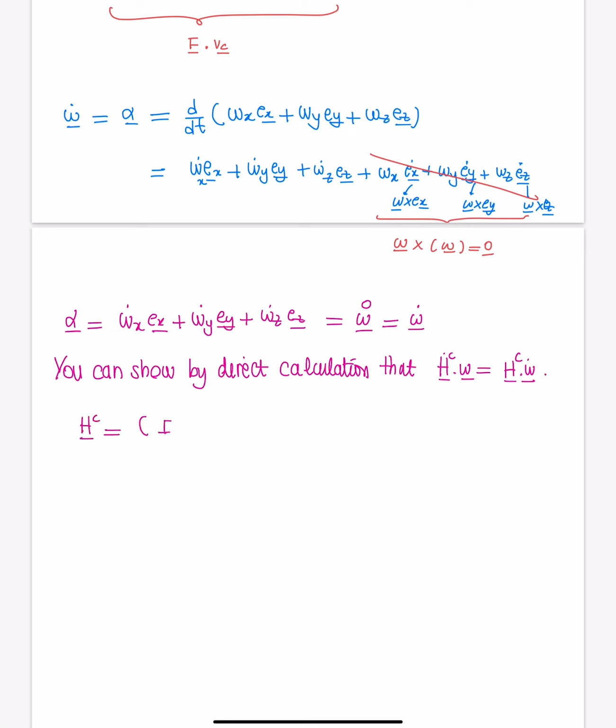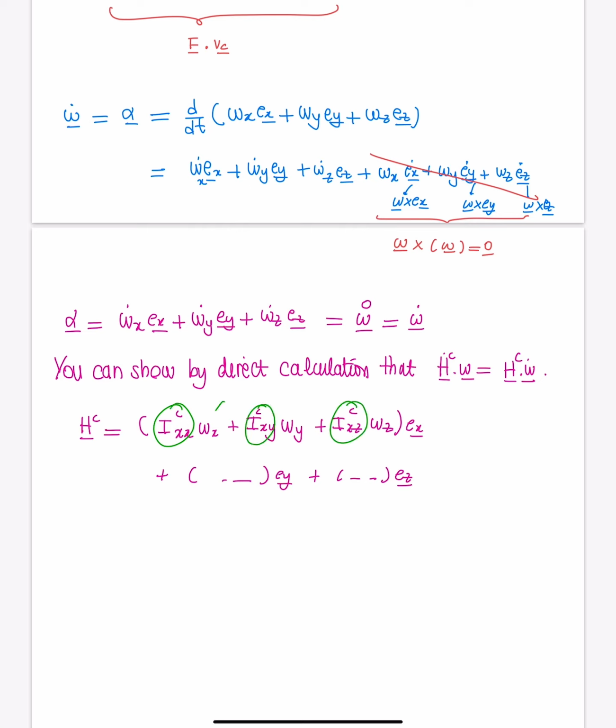That's going to be Ixx omega x, well, I'll take ex as a common factor, plus Ixy omega y plus Ixz omega z, times ex, plus the whole expression along ey plus the whole expression along ez, keeping in mind that the products of inertia are constants.